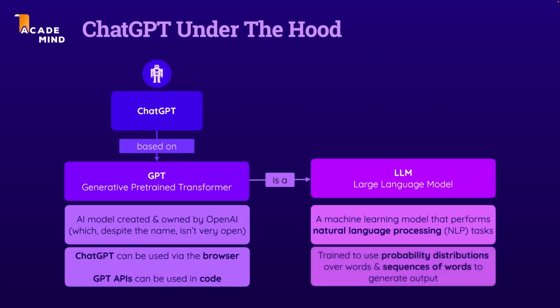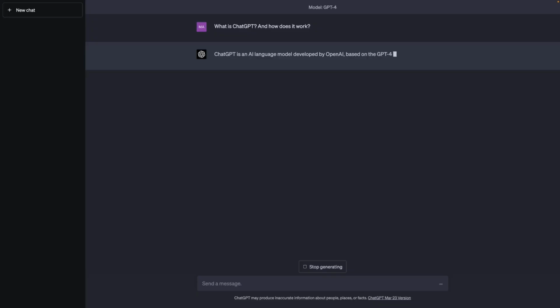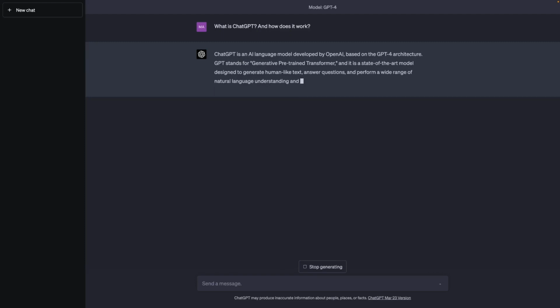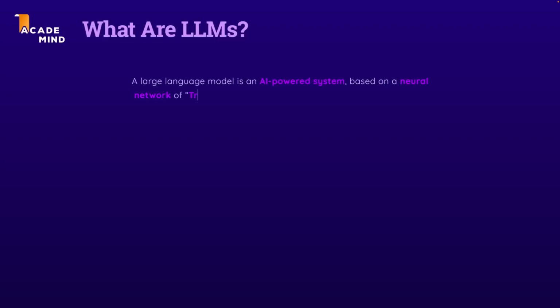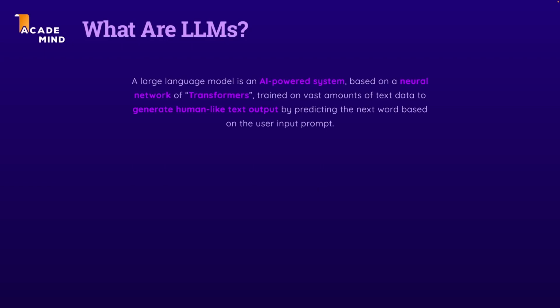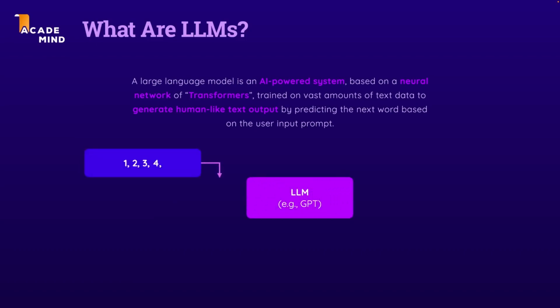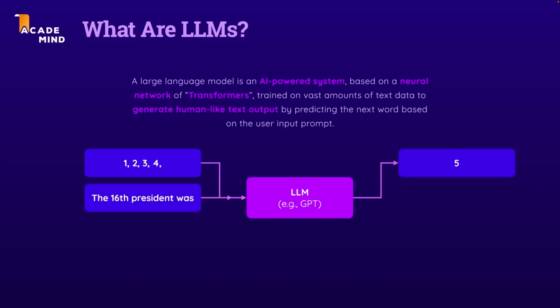Large language models are in the end trained to calculate probabilities to suggest words based on prior words, so to complete sequences of words, you could say. So the whole idea behind large language models, which are in the end based on so-called neural networks of transformers, and I'll get back to that in a second, is to take some text as input and to then produce some output to complete a sequence of words.